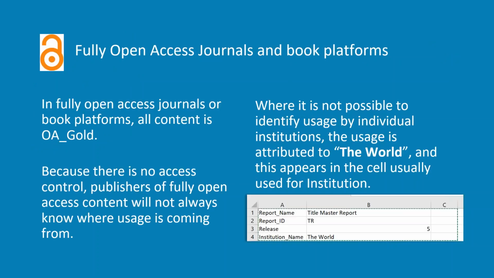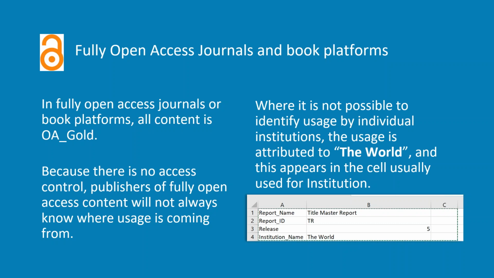Now, finally, I just wanted to talk about fully open access journals and indeed fully open access books. Increasingly, institutions, and indeed to some extent the funders of research, are interested in usage statistics of fully open access journals. The history of COUNTER and COUNTER usage statistics is, of course, firmly embedded in the original subscription model from which it grew.